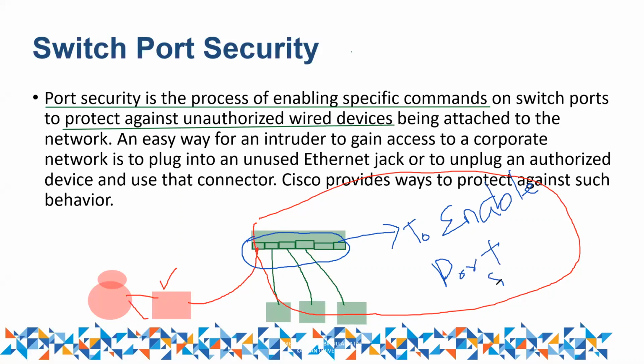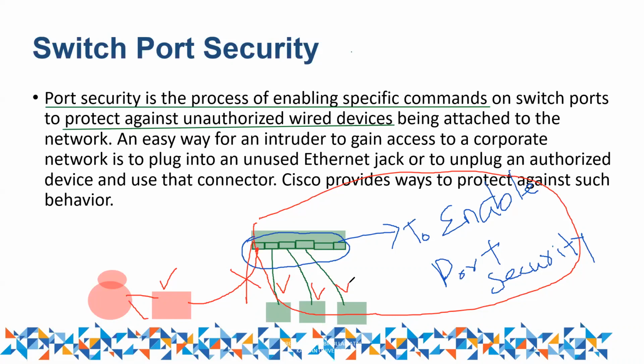After port security is enabled, the port will not let this person connect. This person will be unable to connect. But whenever the authorized people, for example these 3 guys, want to connect, they will be able to connect. So this is the simple purpose of port security.